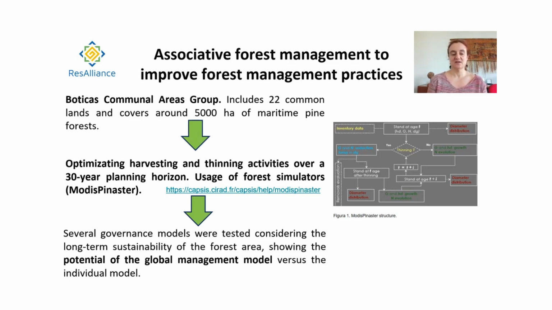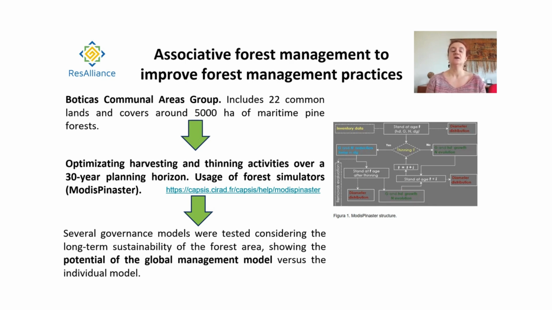So what was done here in particular was comparing global management models with individual governance and individual management models. And what was clear here was the potential of the global management model in terms of the outcomes of the forest production and in terms of the forest sustainability.